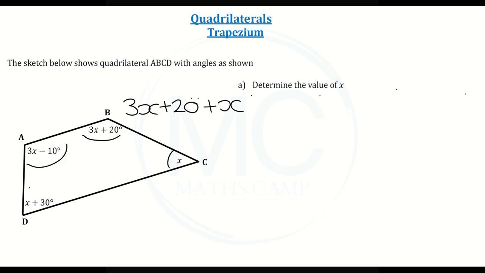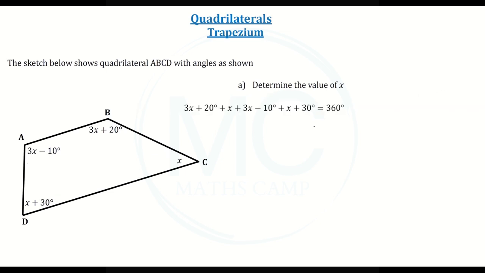Angle A, 3x minus 10, so we say plus 3x minus 10 degrees. And angle D, x plus 30, so say plus x plus 30 degrees. And we make this equal to 360 degrees. We believe the sum of the interior angles of a trapezium is 360 degrees, so as our reason, we put internal angles of a quadrilateral.